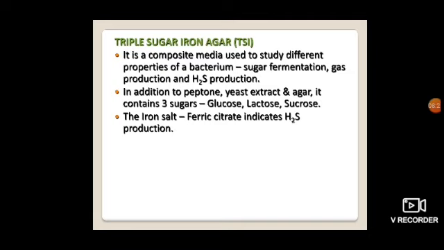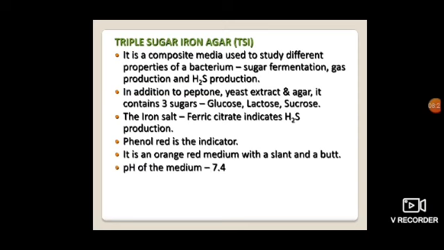Now the next one is the triple sugar iron agar test. It is a composition of media used to study different properties of bacteria. The nutrient agar medium is composed of different types of constituents, for example sugar fermentation, gas production, and production of H2S, all carried out with the composition of the different medium constituents.